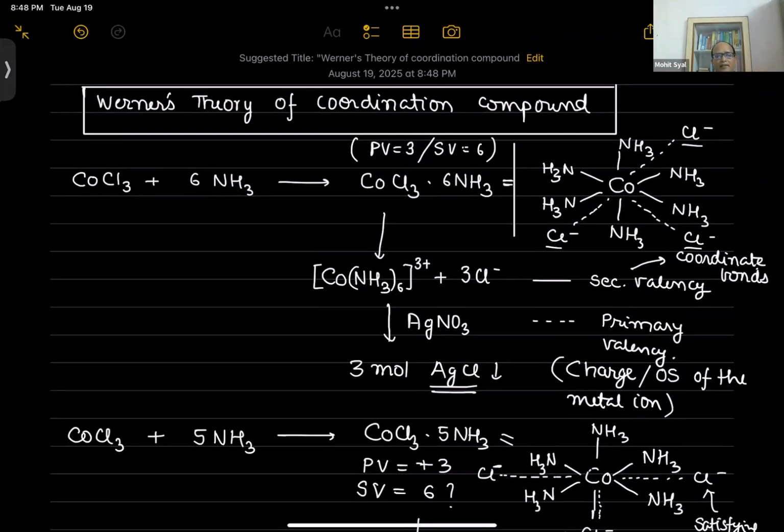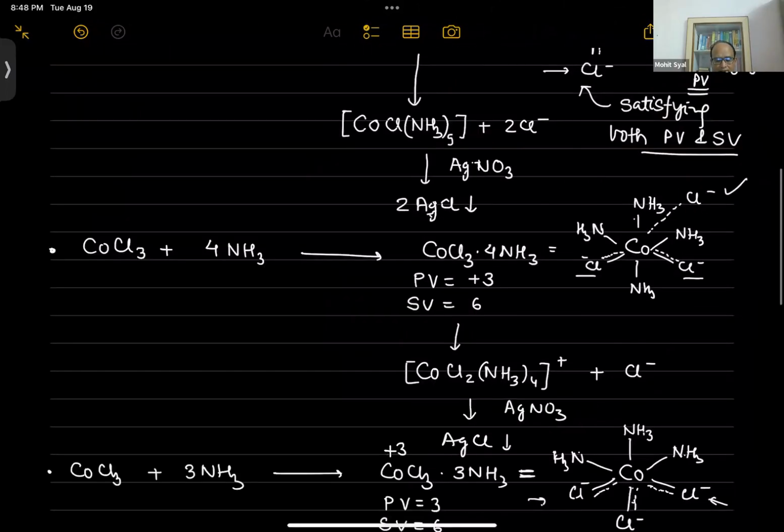Two different types of valencies. Got it? And what are those two different types? The primary and the secondary valence. Yeah, primary valency and secondary valency.